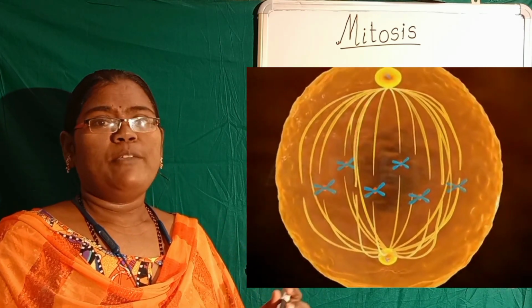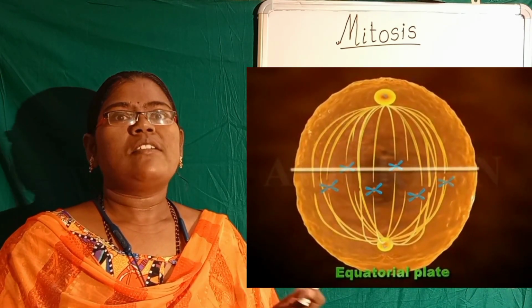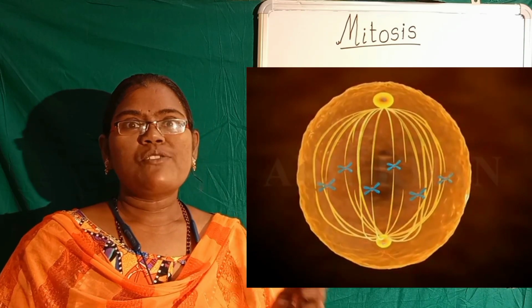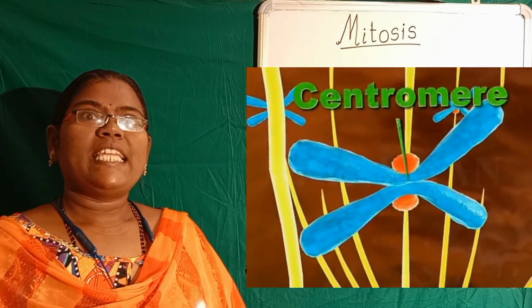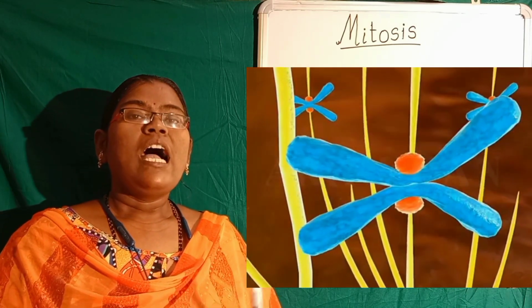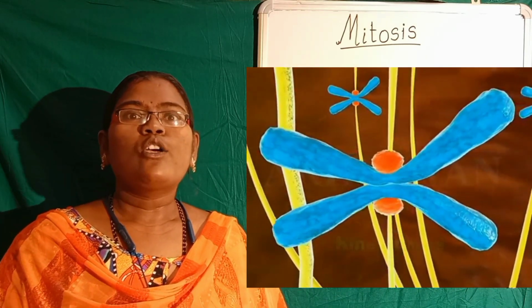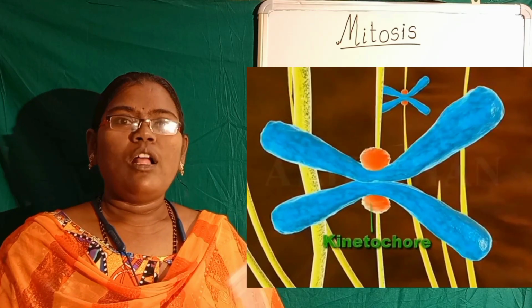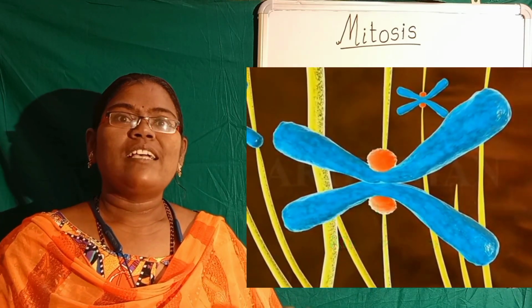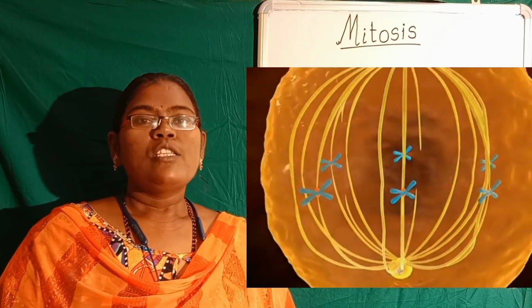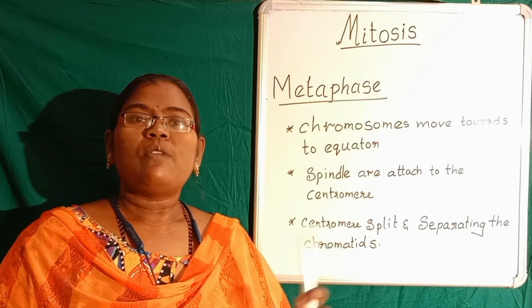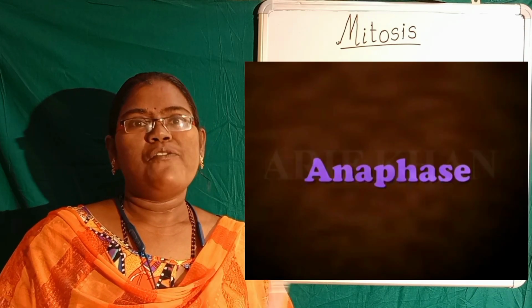The spindle fibers attach at the centromere, and the centromere splits and separates the chromatids. Now all the chromosomes have reached the equatorial plate. Next it moves to the anaphase.